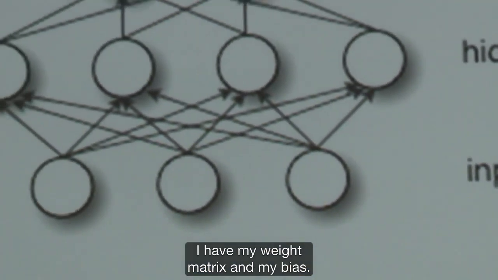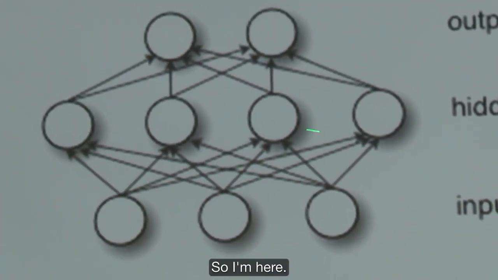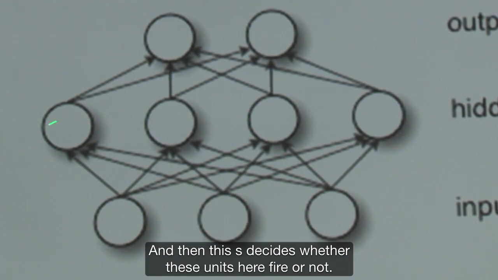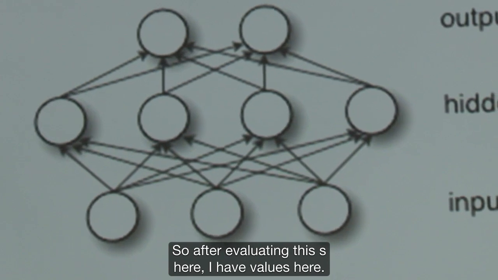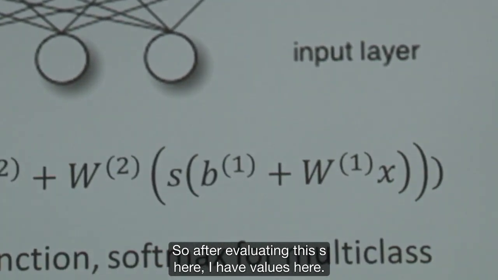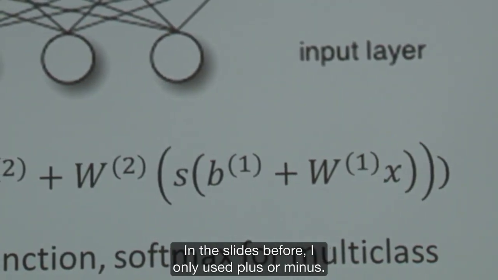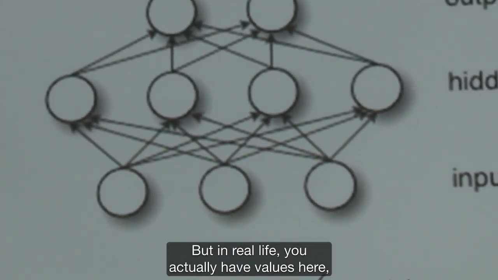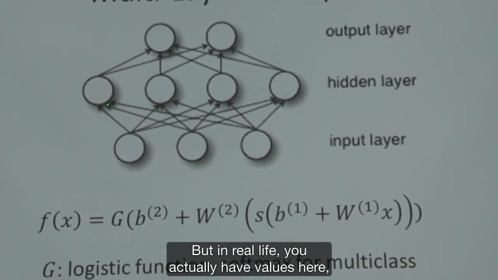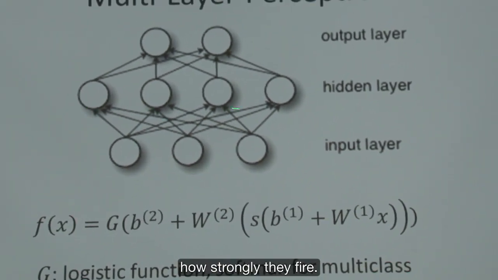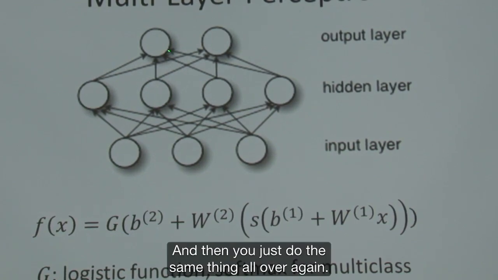I have my weight matrix and my bias. So I'm here, and then this S decides whether these units here fire or not. After evaluating this S, I have values here. In the slides before, I only used plus or minus, but in real life, you actually have values here, how strongly they fire. And then you just do the same thing all over again.